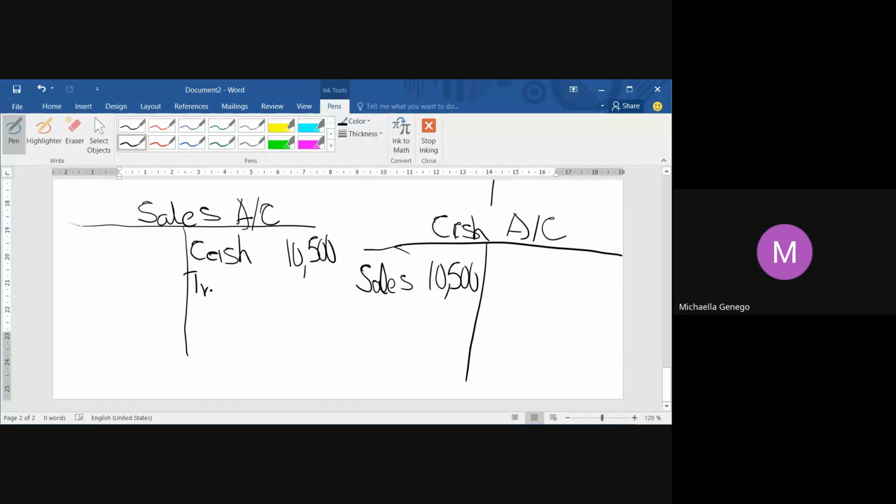So here it will be trade receivable. What's the amount? The amount is 3,500 Ghana cedis.